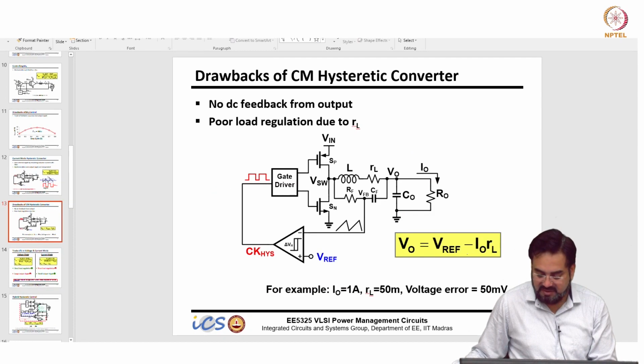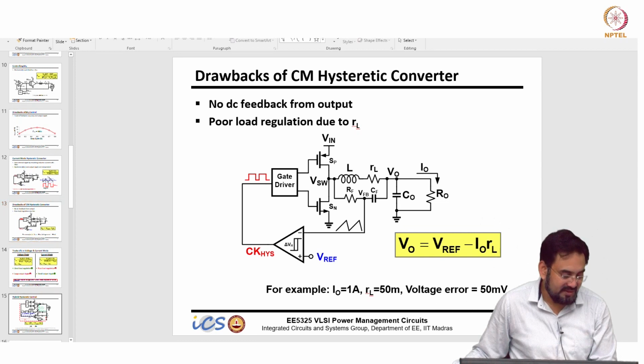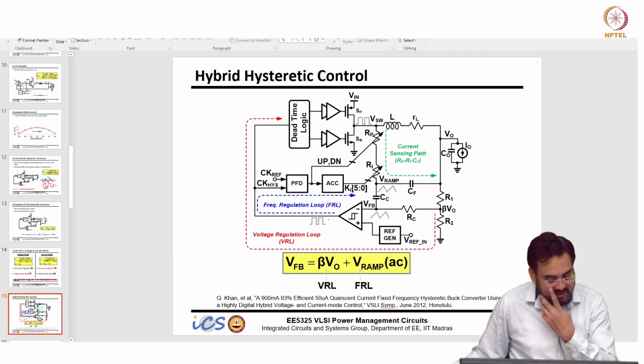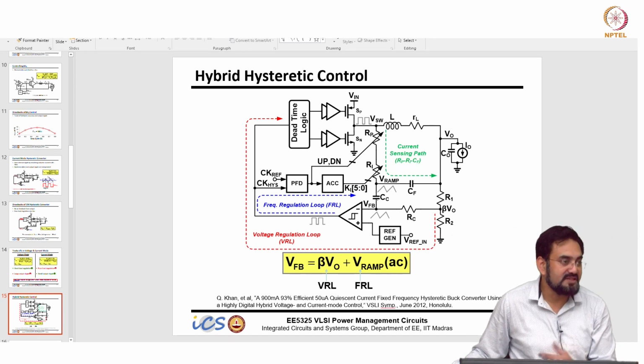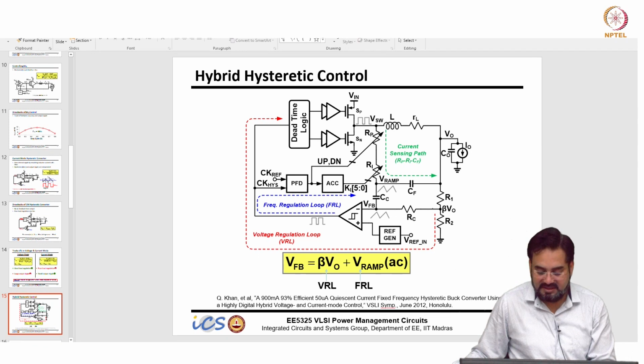So, this we already talked about, your error I out into RL. This is what I was talking about yesterday. You have two loops. One is, now you have 3 loops actually. One is your voltage loop. This is your ramp which is generated from this RC, correct, and then this will decouple your DC component and only pass the AC, and this RC in the feedback will couple this.